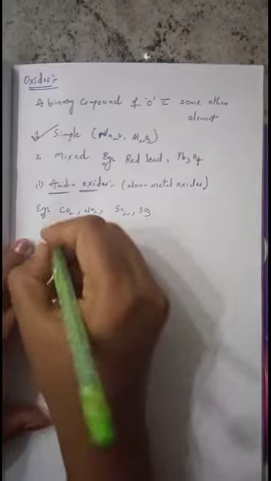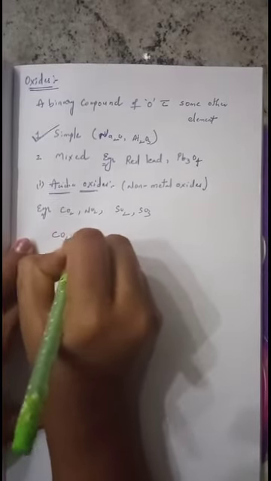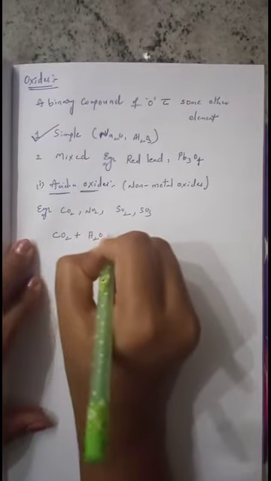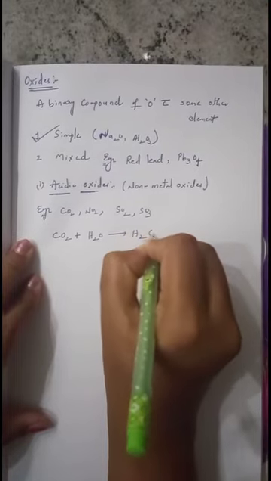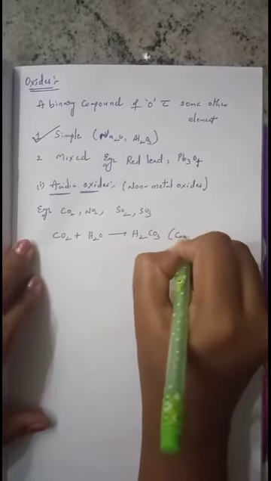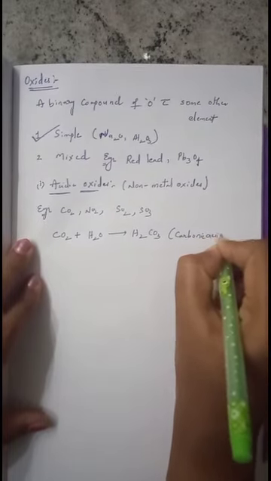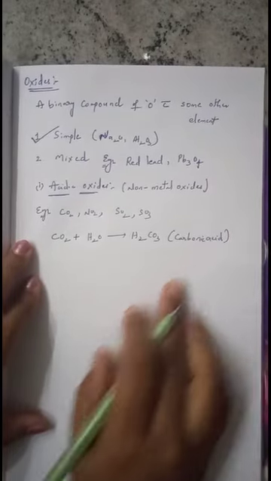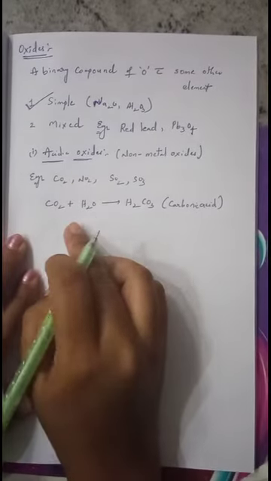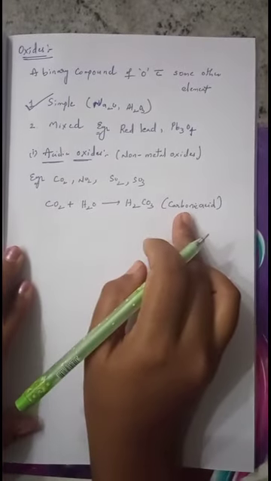When CO2 is dissolved in water, it converts into H2CO3, which is said to be carbonic acid. The name itself indicates that it is an acid. That means when these non-metallic oxides are dissolved in water, they can give acids.